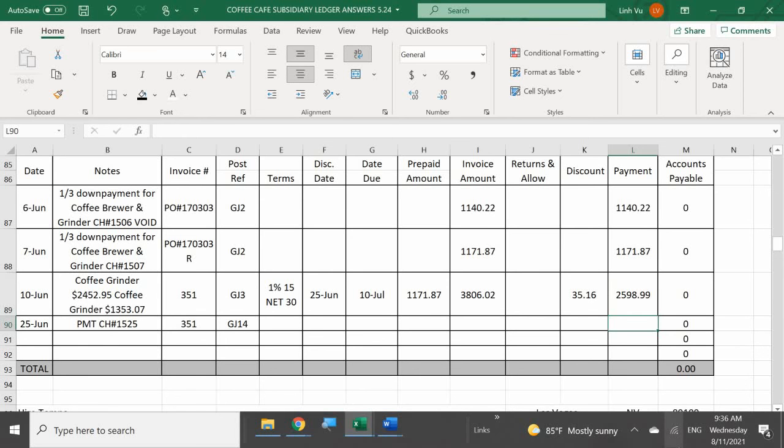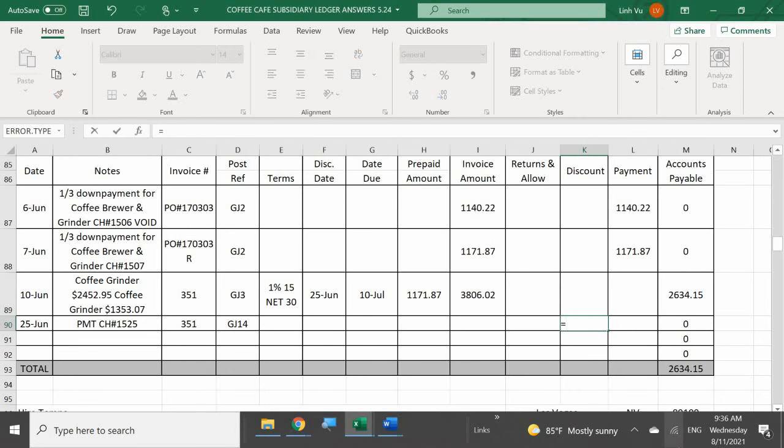All right. And I put it in the wrong cell. Oh shoot, I didn't even notice that. See, so what was it? 12.50 plus 22.66, so 35.16.